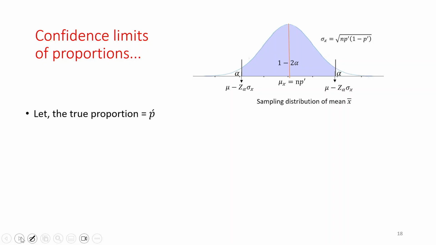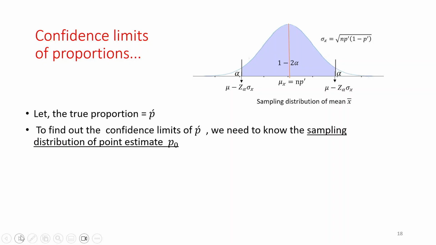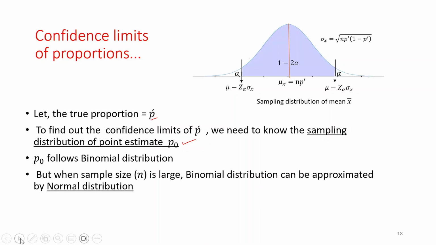In the case of the true proportion, that is P dash. And to find the confidence limit of P dash, we need to know the sampling distribution of the point estimate. P follows a binomial distribution.